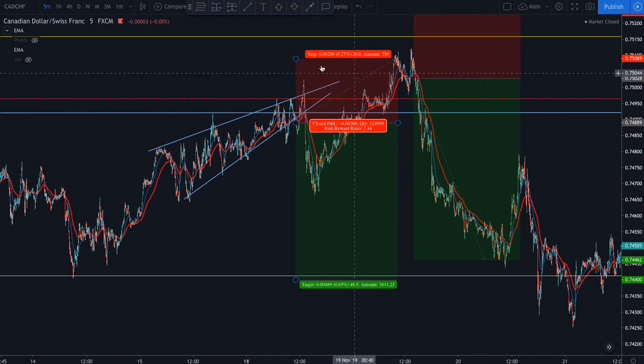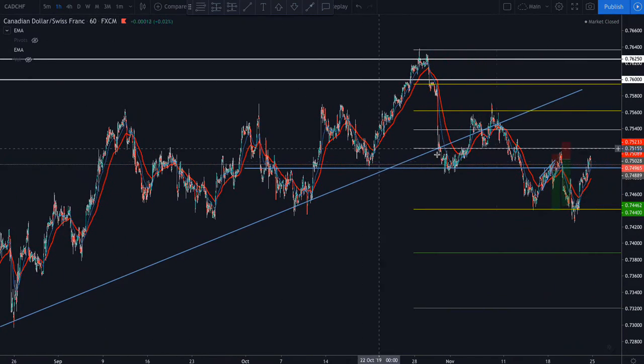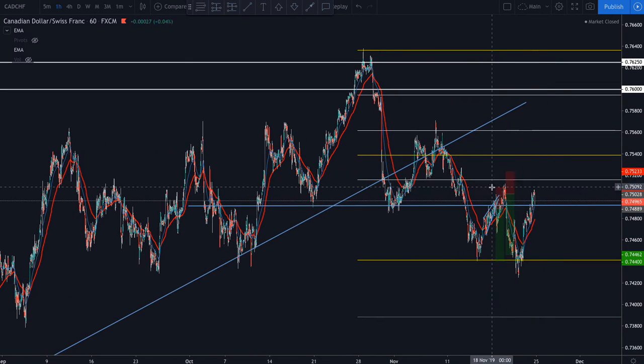As we had the pullback here, you can see the pullback happened around about that 382 level. So I decided to re-enter on a wider stop again. So again, we're saying 20 pip stop, just entering at a higher position.